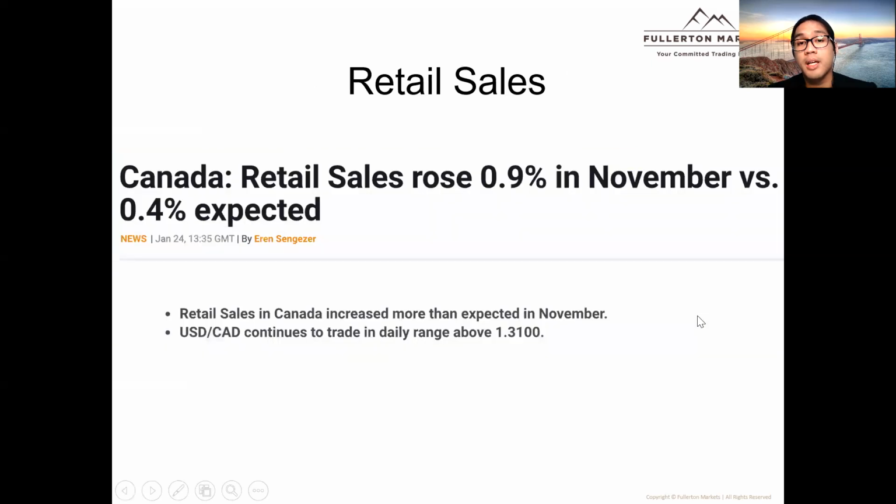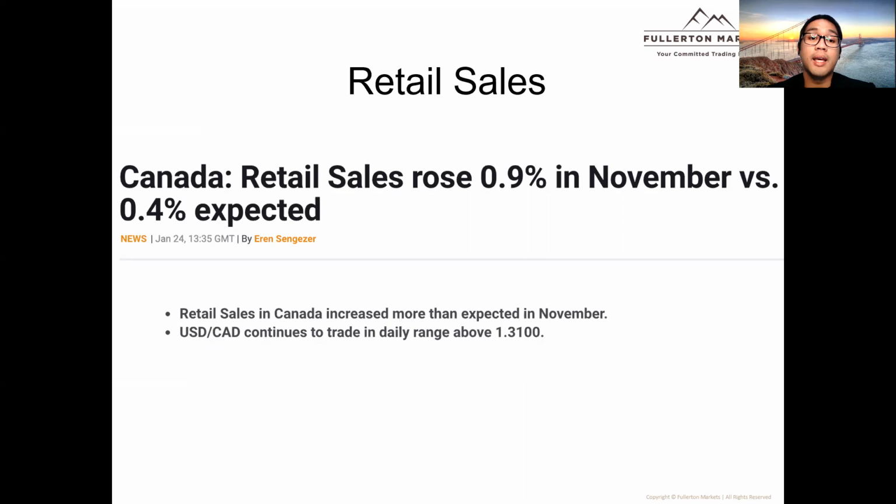Let's move on. Here's an example for retail sales. All right. It says Canada retail sales rose 0.9% in November versus the 0.4% expected. Retail sales in Canada increased more than expected in November. All right. Just from this news headline, this article, we can already see a few important pieces of information, such as the retail sales in Canada rose, all right?